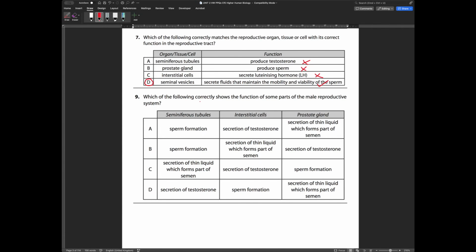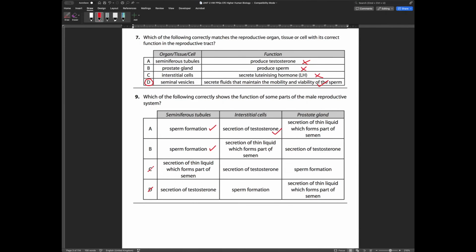Number 9 here. Which of the following correctly shows the functions of some parts of the male reproductive system? So the seminiferous tubules, what is their job? We know the seminiferous tubules are involved in the production of sperm. So we can tick that and we can tick that. But we know it's not going to be C or D now, because they are not right for that first column. We go on to the interstitial cells. Now, we know from earlier on that the interstitial cells are responsible for the secretion of testosterone, so it's going to be that one.